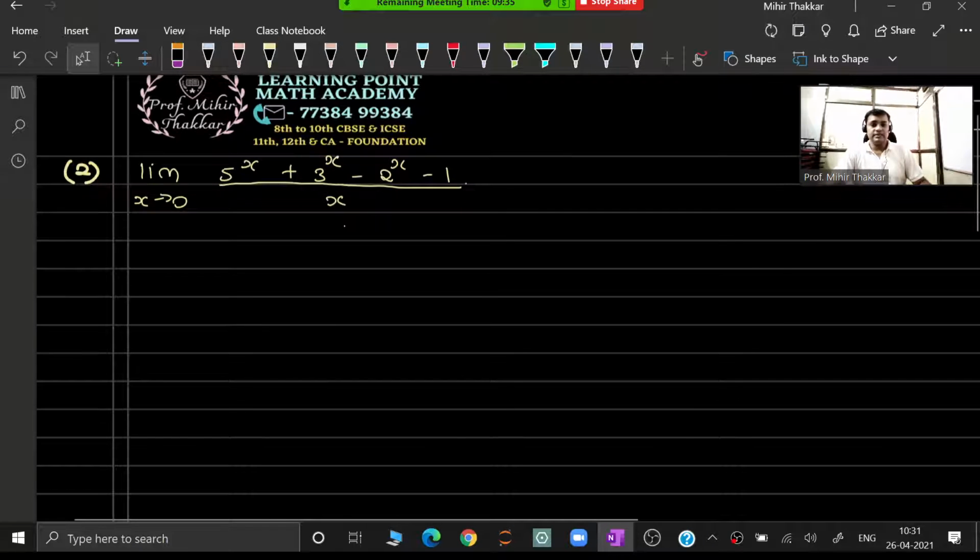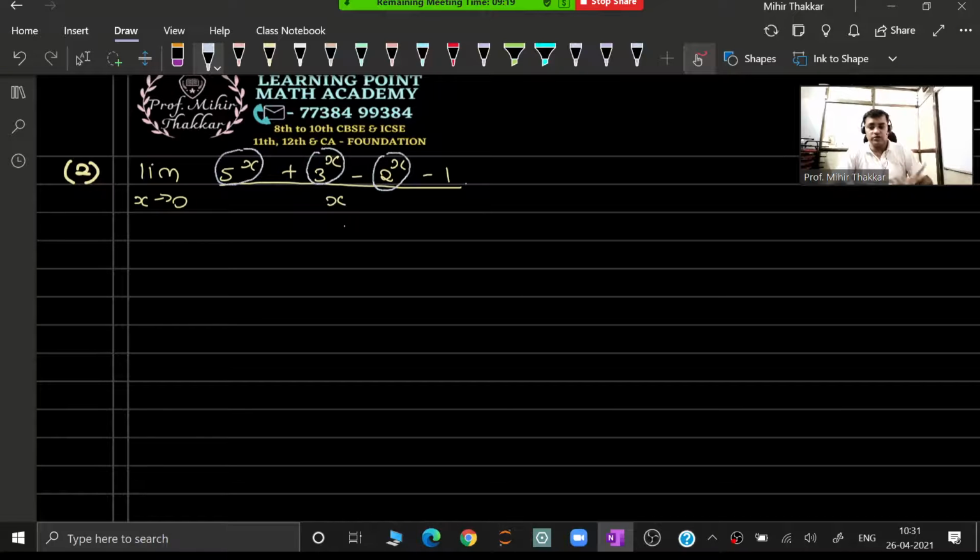So once again guys, we have a similar problem like we had in the previous case, that I am having 3 elements which are in the form of the exponential format: 5 raised to x, 3 raised to x and 2 raised to x. I just have got this minus 1 for one time, and that minus 1 can be either adjusted with 5 raised to x or 3 raised to x.